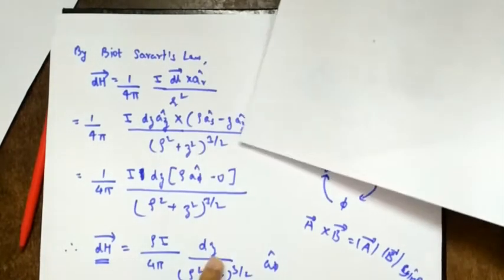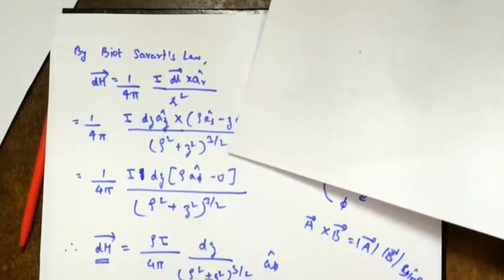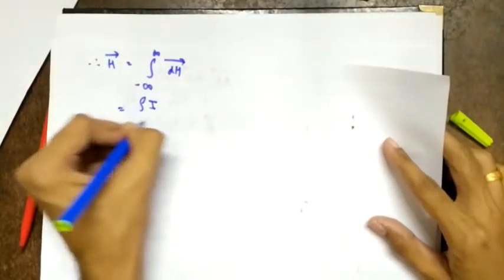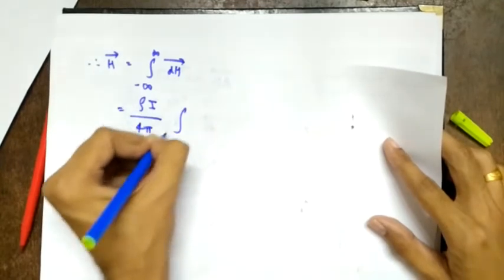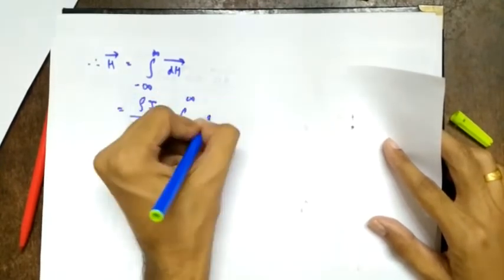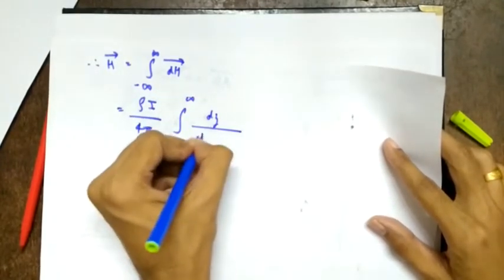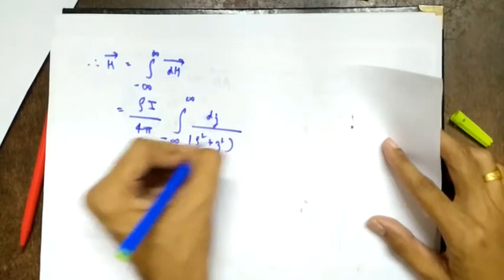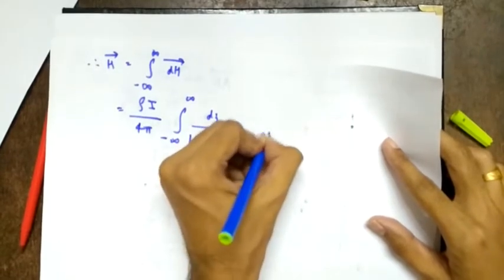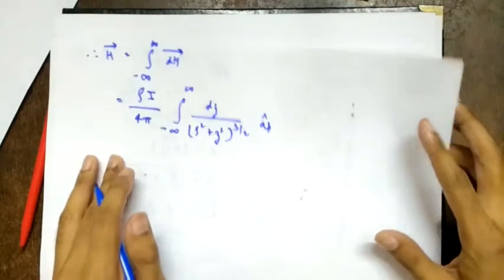Since we are integrating with respect to z, and phi cap is a fixed direction, these three are constant. So rho I by 4 pi integral from minus infinity to infinity dz upon rho square plus z square raised to 3 by 2 phi cap, right?